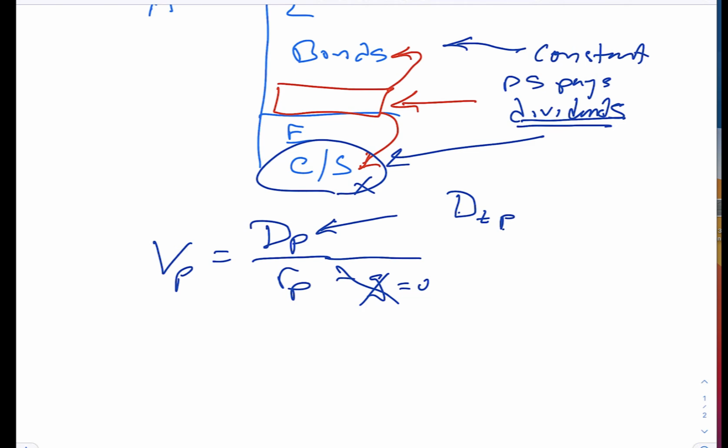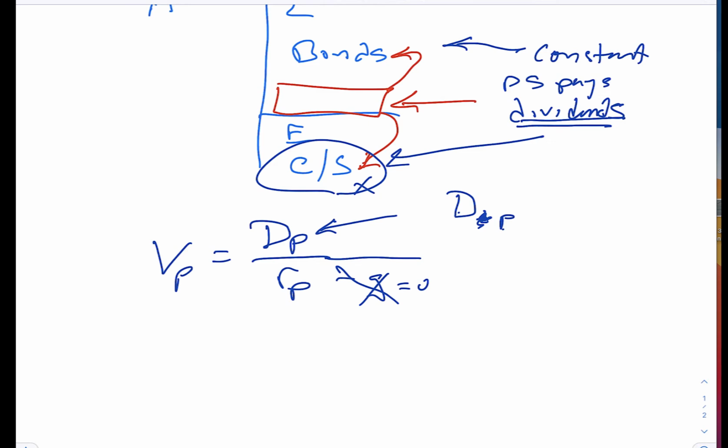So if the preferred stock has a par value of $100 and the dividend yield on the preferred stock is 10%, you'd multiply the $100 times 0.10 and you'd get $10 for DP, without a T, because that $10 will stay fixed for the life of the preferred stock.